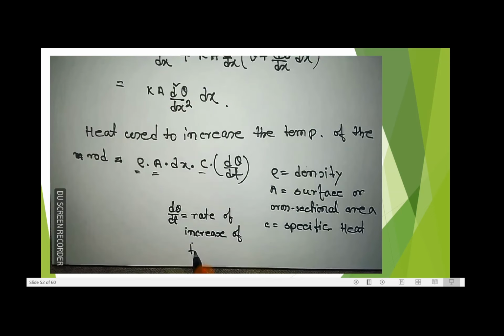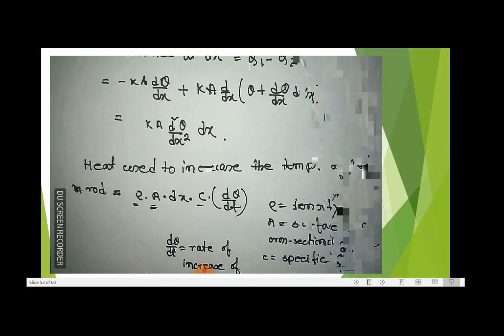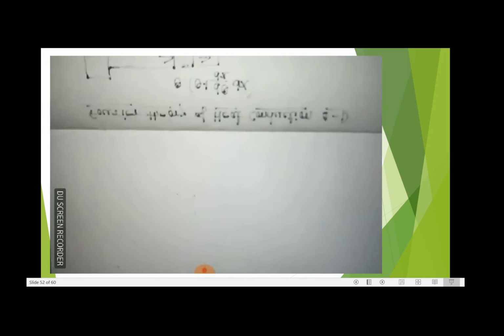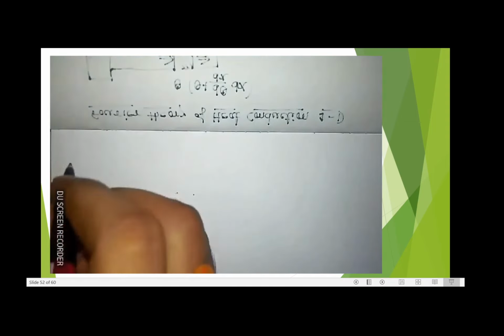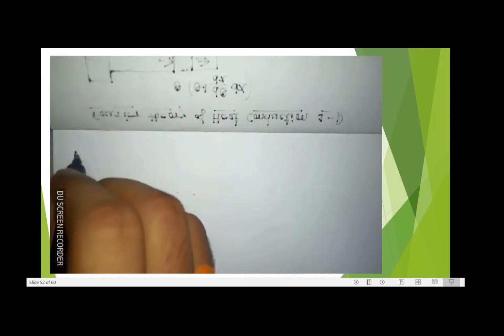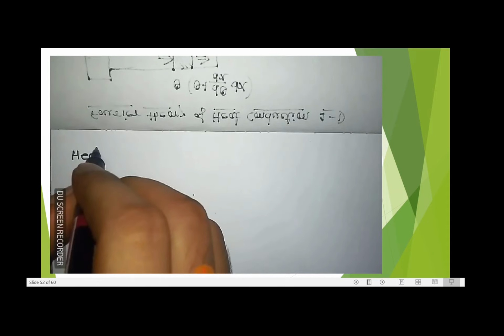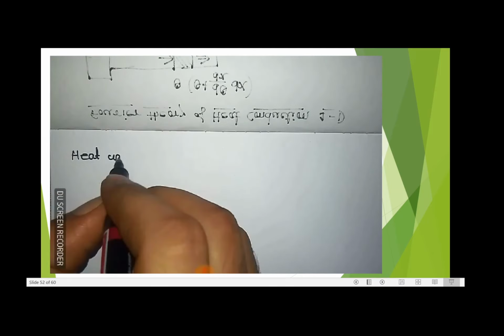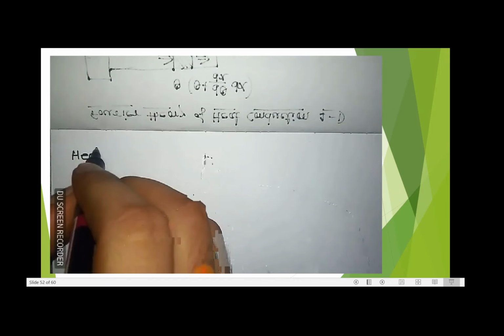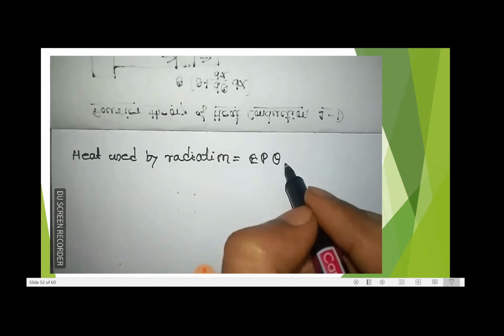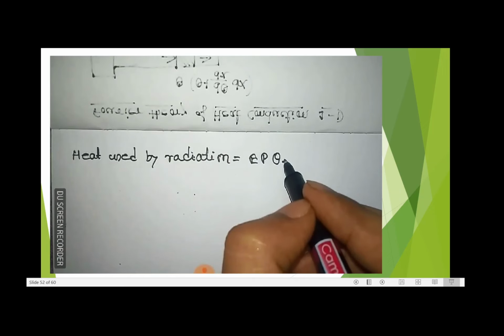Now we change the page, and the other part of the total heat would be used in radiation, equal to e p theta e into dx.